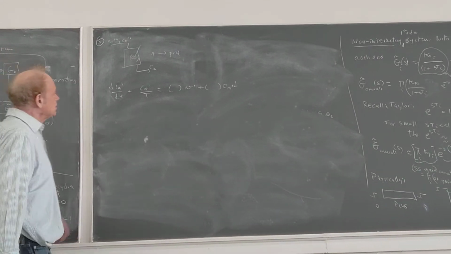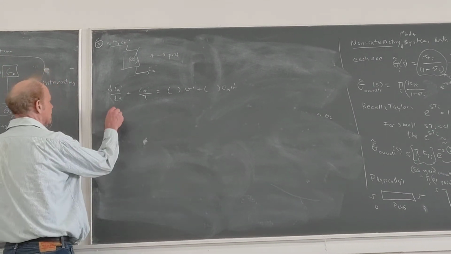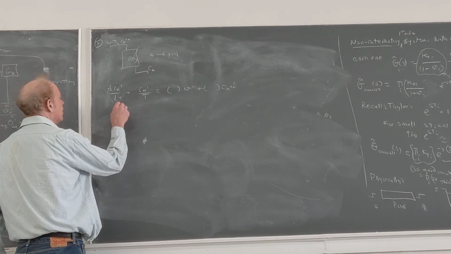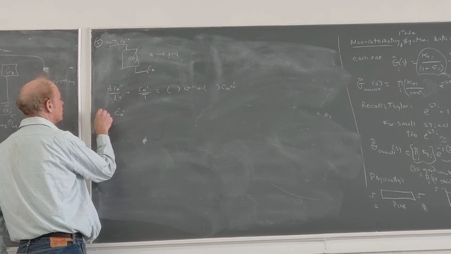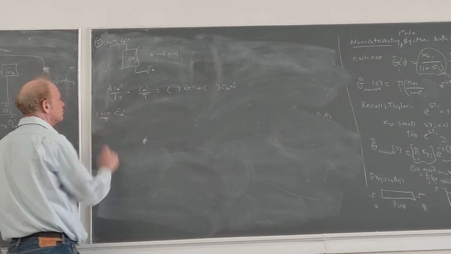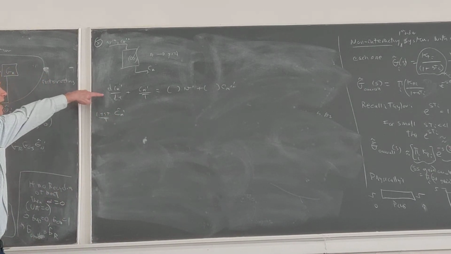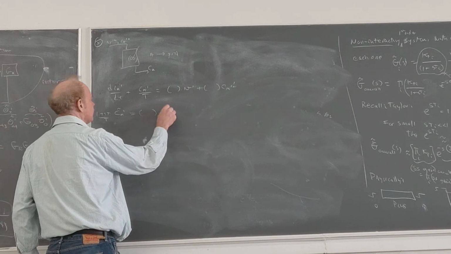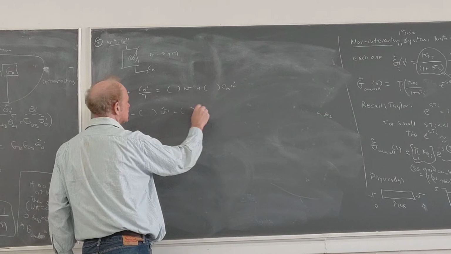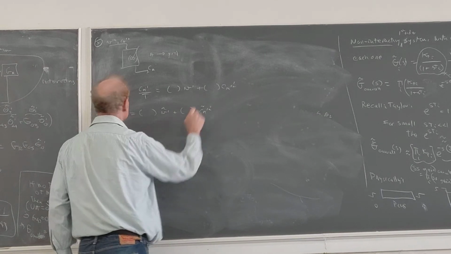What we said is, obviously, if you take the Laplace transform, we have CA prime tilde times (1 plus s tau) over tau, equal to this thing times V prime tilde plus this thing times CA in prime tilde.